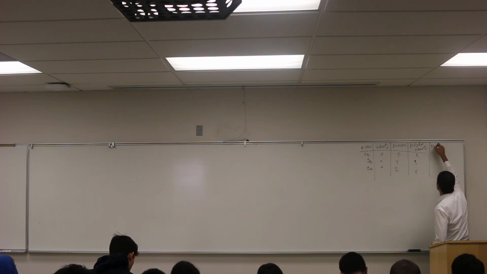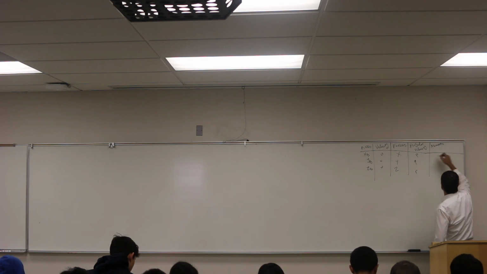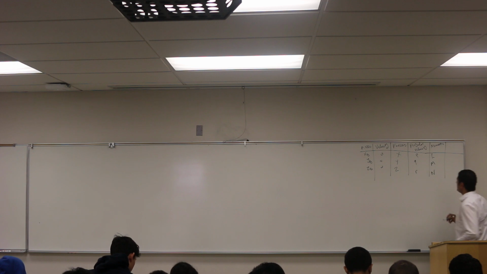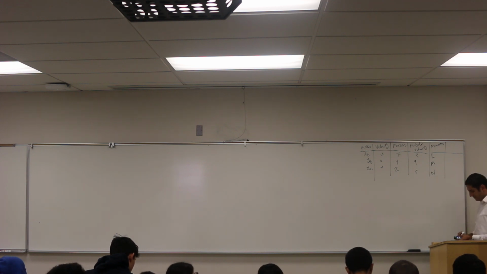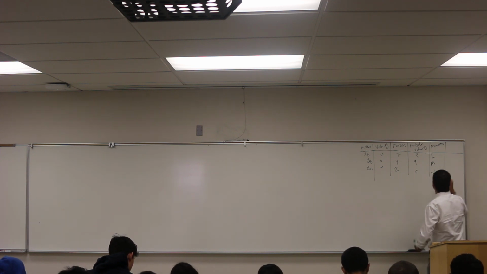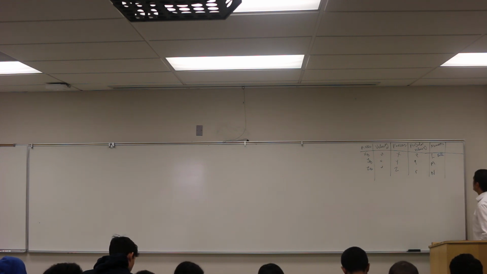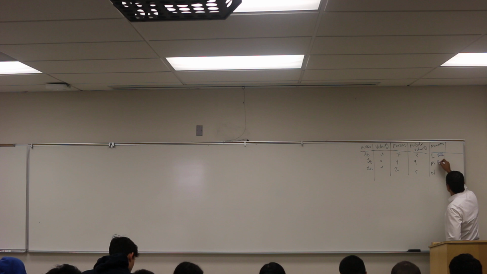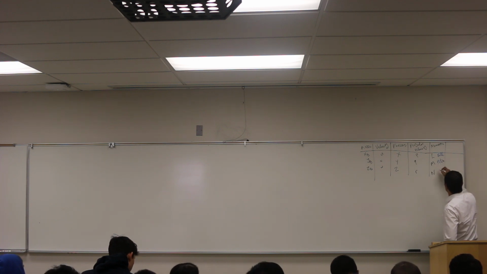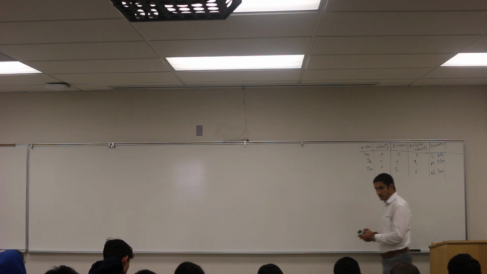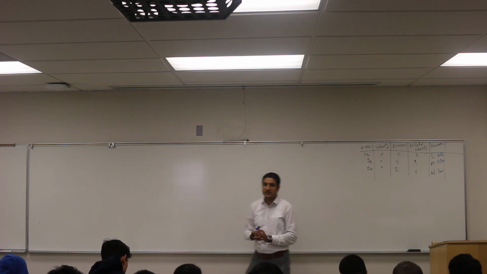And we have the moments, L, M, and N. Okay? This is the table that we had from before. It's nothing new. Roll, pitch, and yaw. If you have any question, please feel free to stop me.